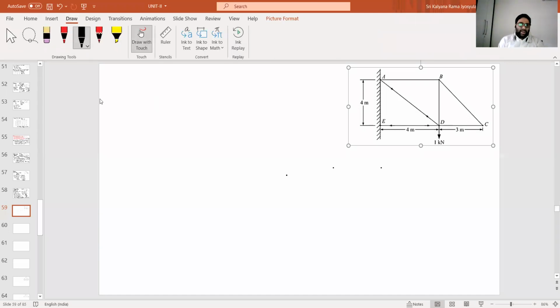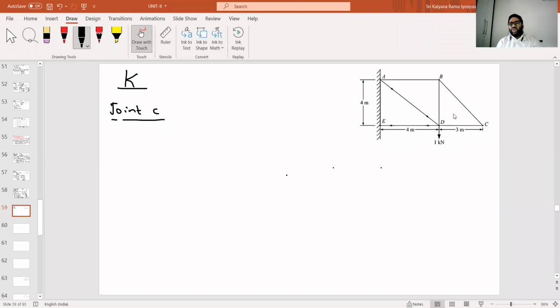Now K, we are trying to calculate K. So same process, joint C. You can see here, joint C has no force at all. There is no force acting at this point.